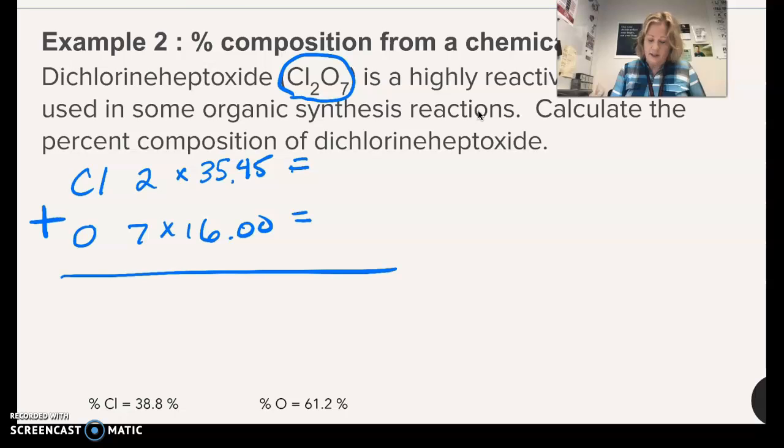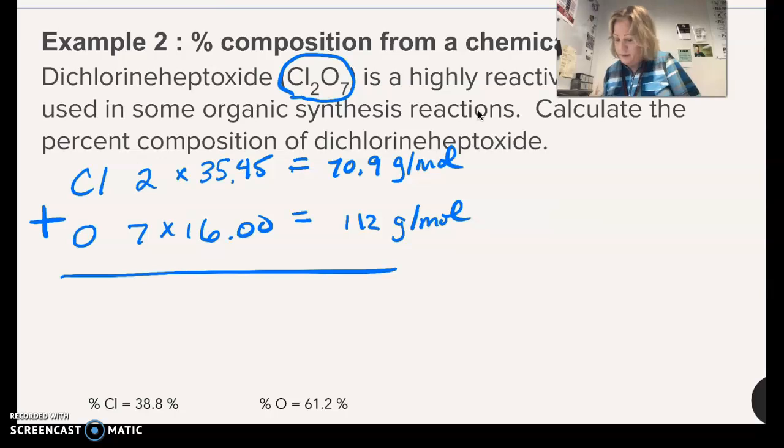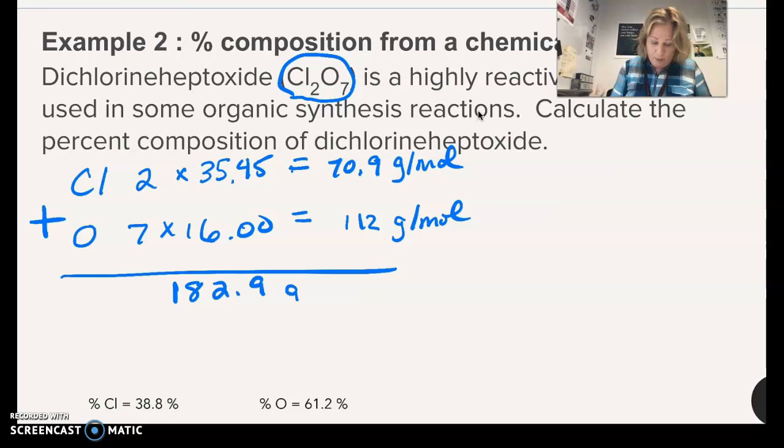I'm going to add these together, and I'm going to show you a little bit more work than I normally would on a molar mass. This would be 70.9, and this would be 112. Then you have to add them, and I get 182.9 grams per mole. That's the molar mass of the compound.